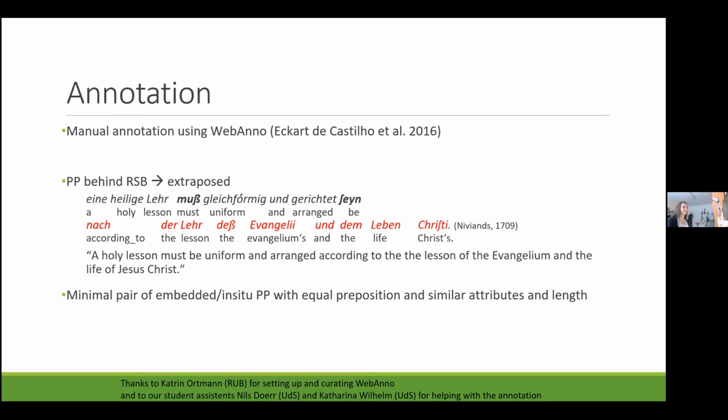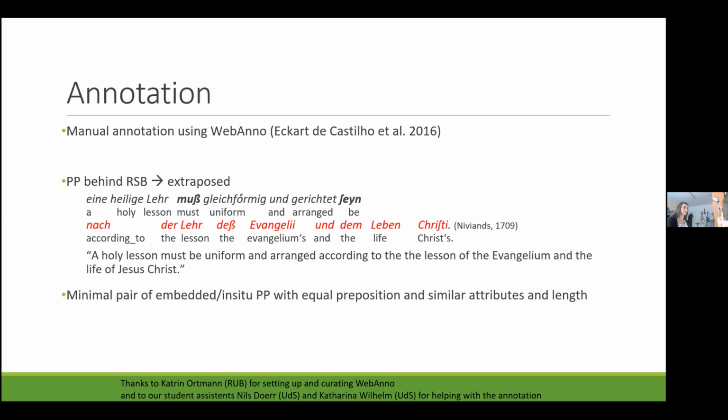Since the annotation of the DTA, the pre-processing, is quite old and not so useful for our kind of investigation, we had to do the annotation manually using WebAnno. And we have to thank Katrin Ortmann at this point for setting up and curating WebAnno, and our two student assistants, Niels Dörr and Katharina Wilhelm, for helping with the annotation. So basically, we annotated the sentence brackets and the prepositional phrase itself.